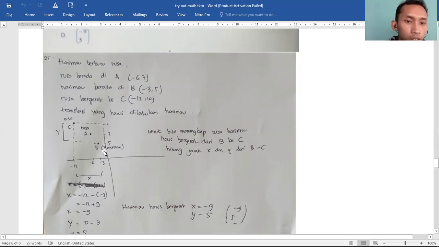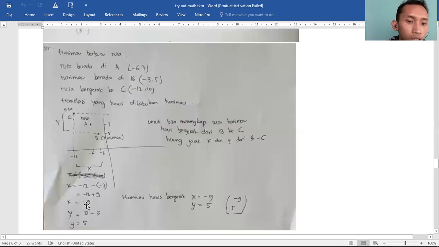If harimau wants to catch the rusa, yeah, they have to move to C, right? So from B to C. How to move from B to C? They will go this way. How far for X? So basically from -3 to -12. So it is -9 because they go left.